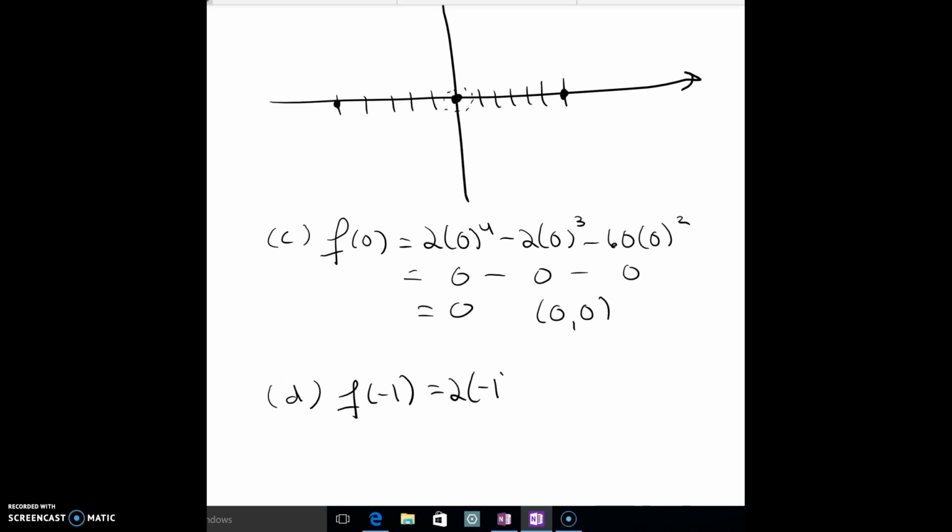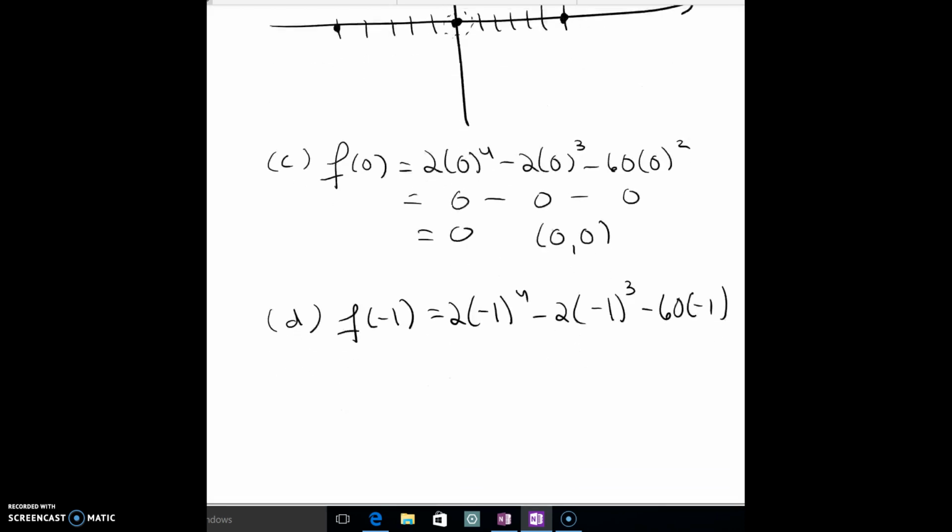And we get 2 times -1 to the 4th power minus 2 times -1 cubed minus 60 times -1 squared. So this is going to give us 2 times 1 minus 2 times -1 minus 60 times 1. And that's going to give us 2 plus 2 minus 60.